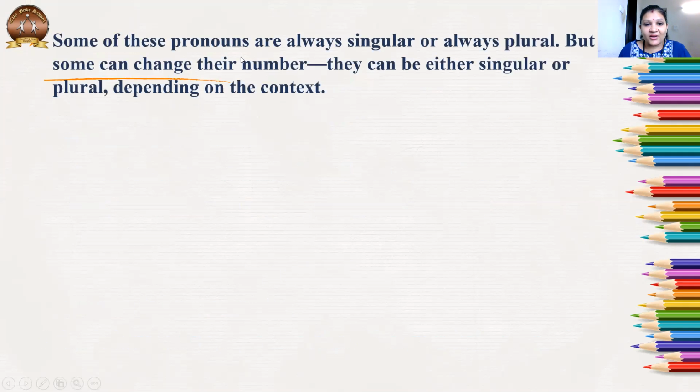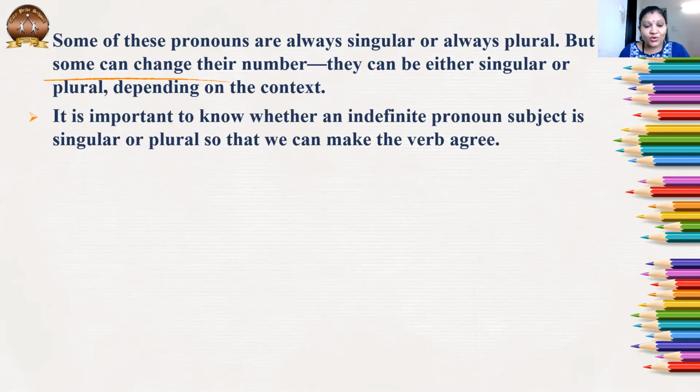Some of these pronouns are always singular or always plural, but some can change their number. It means, while we are using them, we can use them as plural and singular. They can be either singular or plural depending on the context. It is important to know whether an indefinite pronoun subject is singular or plural so that we can make the verb agree.